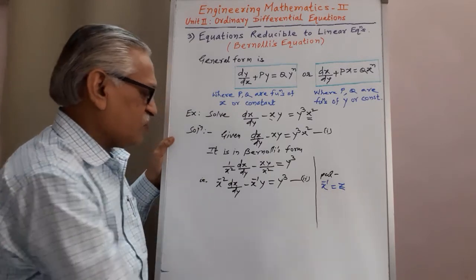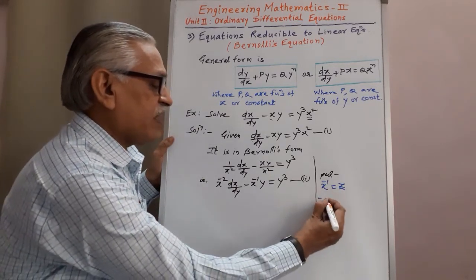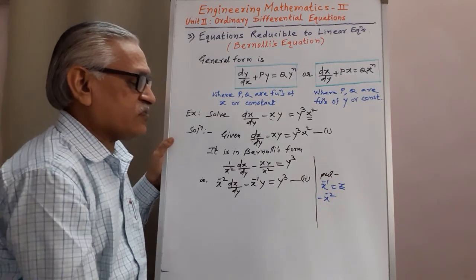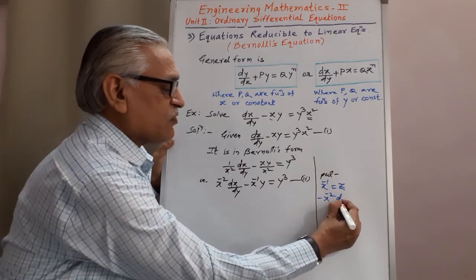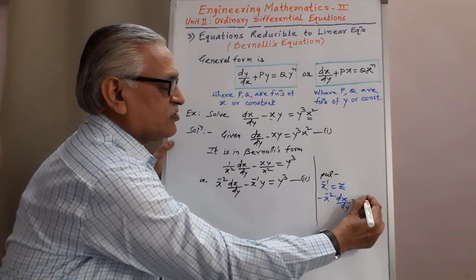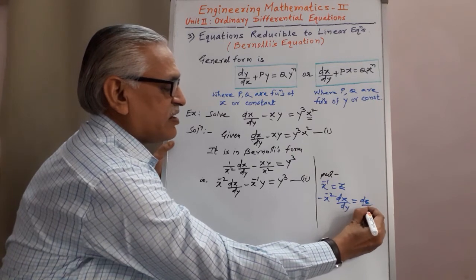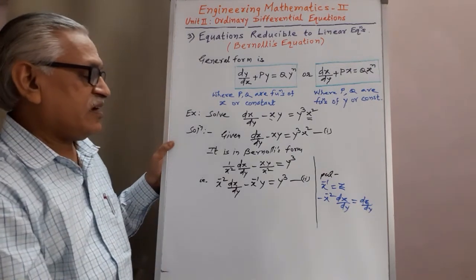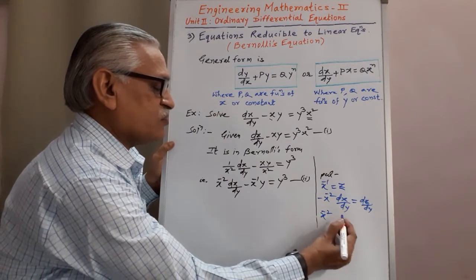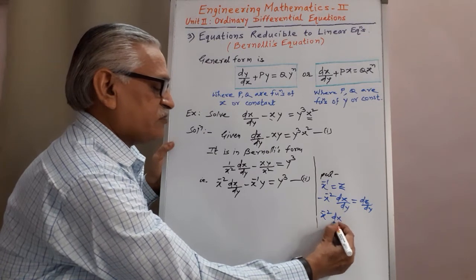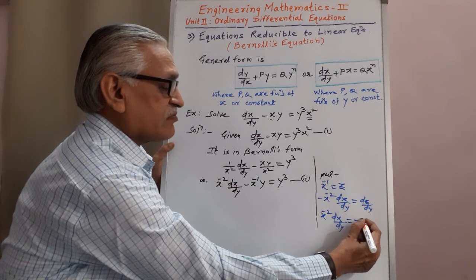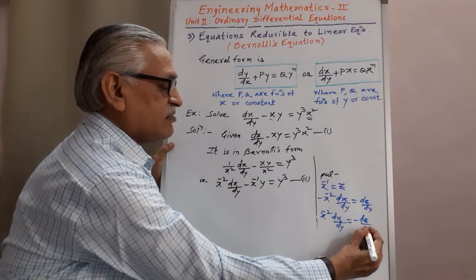Differentiating it with respect to y, we get minus 1, we get minus 2 x raised to minus 2, and derivative of x with respect to y is dx by dy, and is equal to dz by dy, and then dividing by minus 1 we get x raised to minus 2 dx by dy is equal to minus dz by dy.